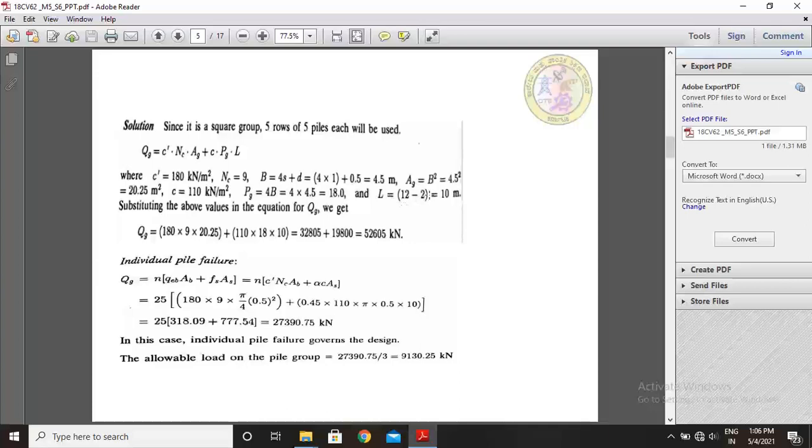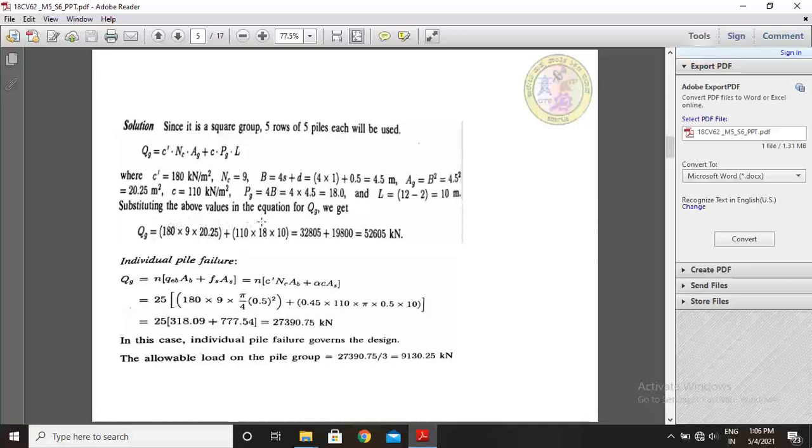Ag equal to B square is equal to 4.5 square, so 20.25 square meter. C equal to 110 kilonewton per meter square. Pg equal to 4 times B, means 4 into 4.5, so 18 meter, and L is 12 minus 2, that is 10 meters.